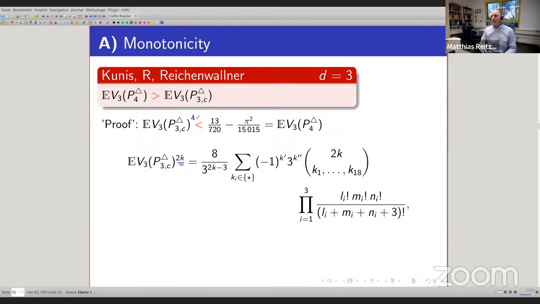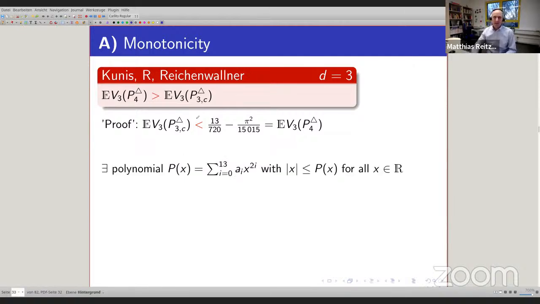And then we took a trick from numerical analysis. And the trick is, there's a polynomial of, say, degree 13, and 13 turns out to be sufficient for our purposes, which is larger than the absolute value of x, but is very close. So we approximate the absolute value of x by a polynomial of even powers as good as possible.